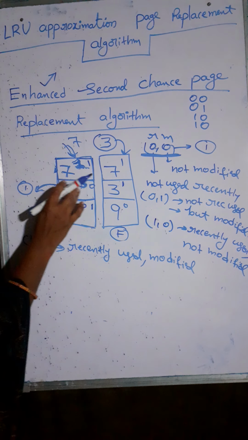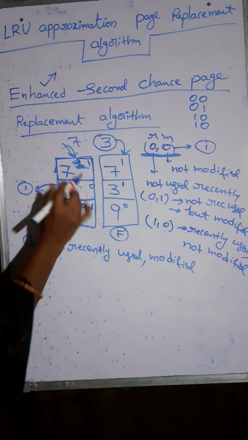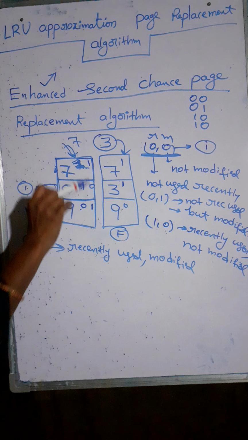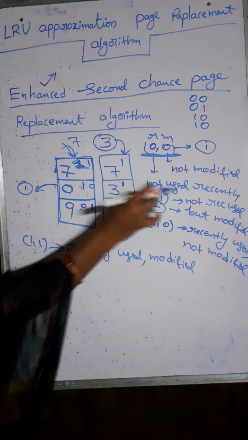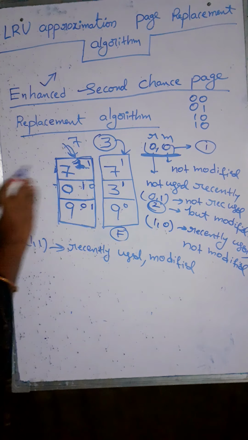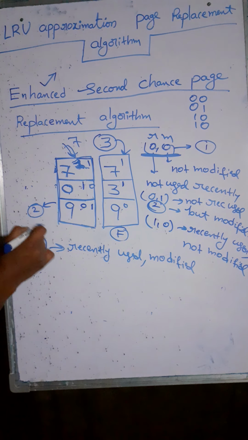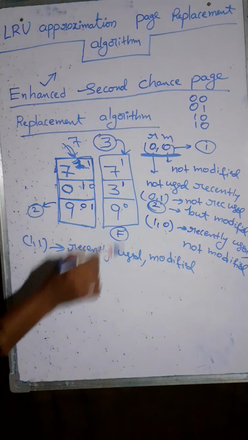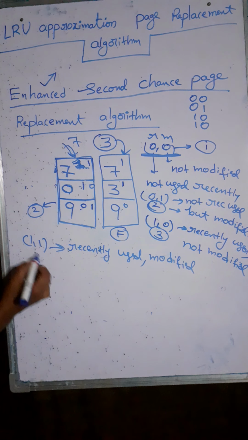If 0, 0 is not available, let us assume that here I have 1, 0, that means there is no 0, 0 pair. In that case we will give second preference to 0, 1. If there are no frames with these two pairs, then we should give third preference to this pair and fourth preference to this pair.